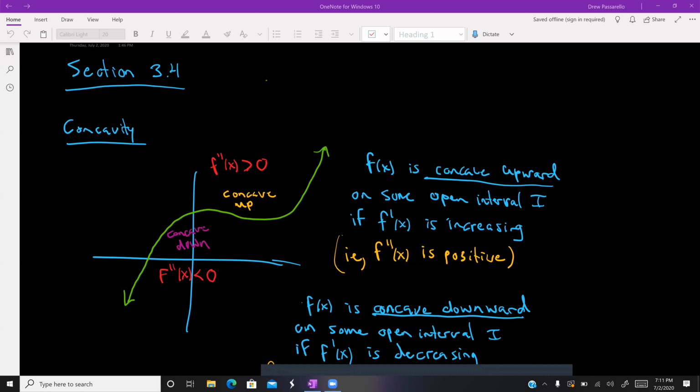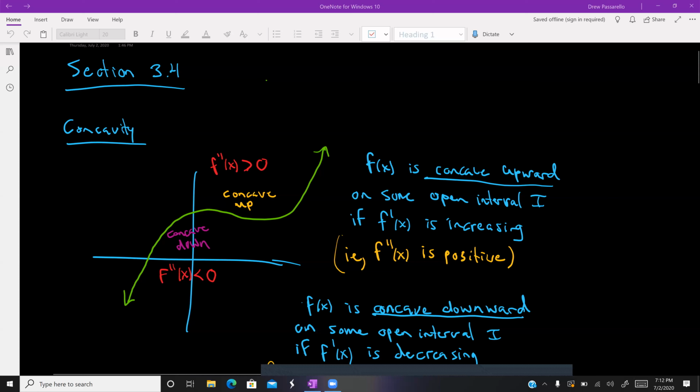Now, specific definitions: f of x is concave upward on some open interval I if its first derivative is increasing. I put in yellow, in other words, its second derivative is positive. We know from the previous section, when we dealt with finding the intervals of increasing and decreasing, the function is increasing if its first derivative is positive.